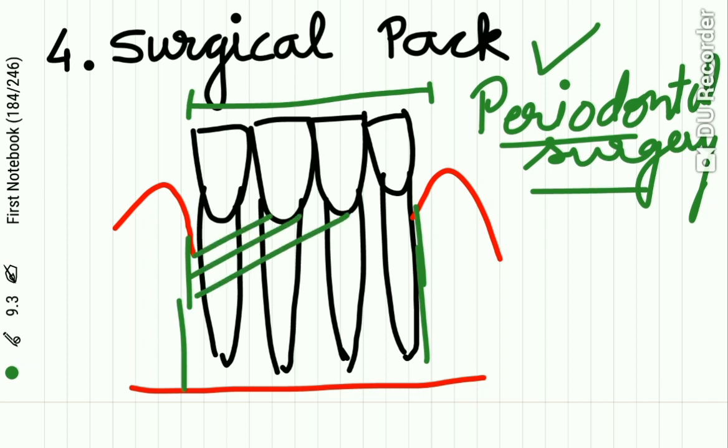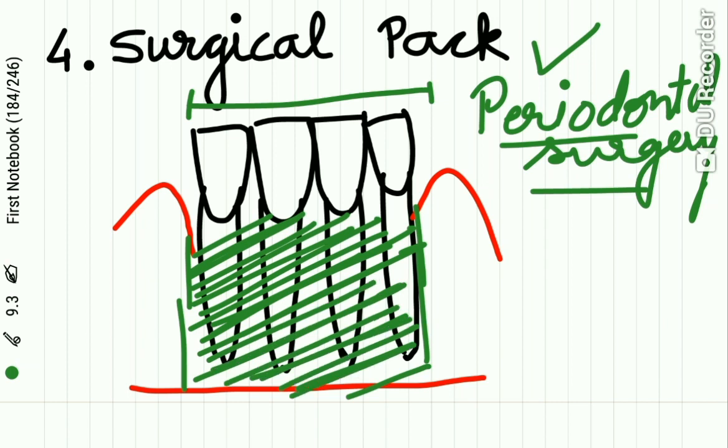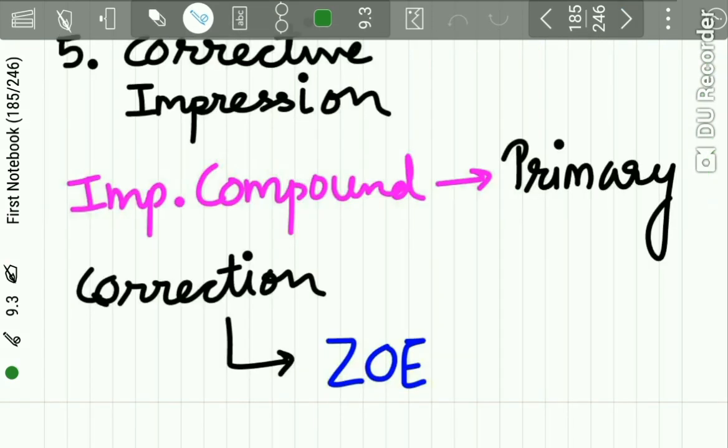The ZOE paste is packed in this region. This ZOE paste covers this wound and it promotes healing. Also, this ZOE paste prevents the entry of any microorganisms or food particles in the wound, and thus it promotes healing.